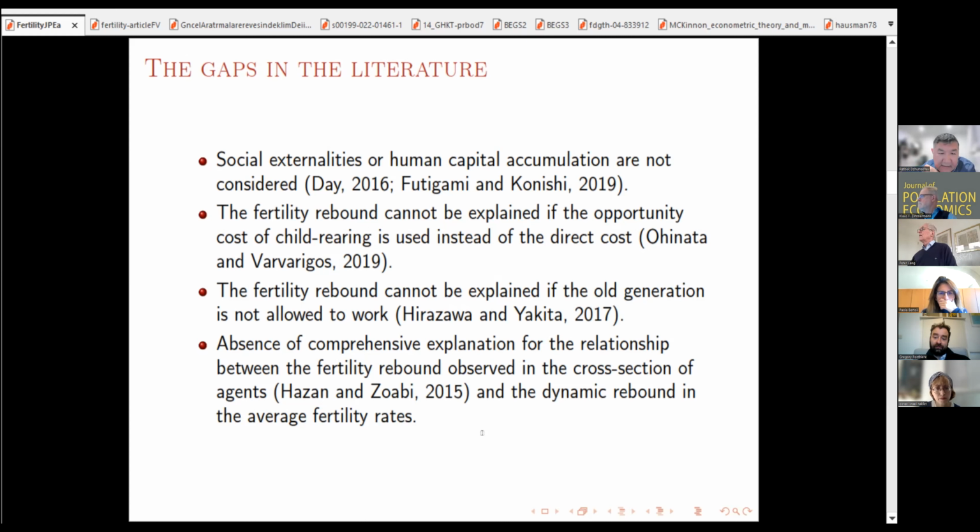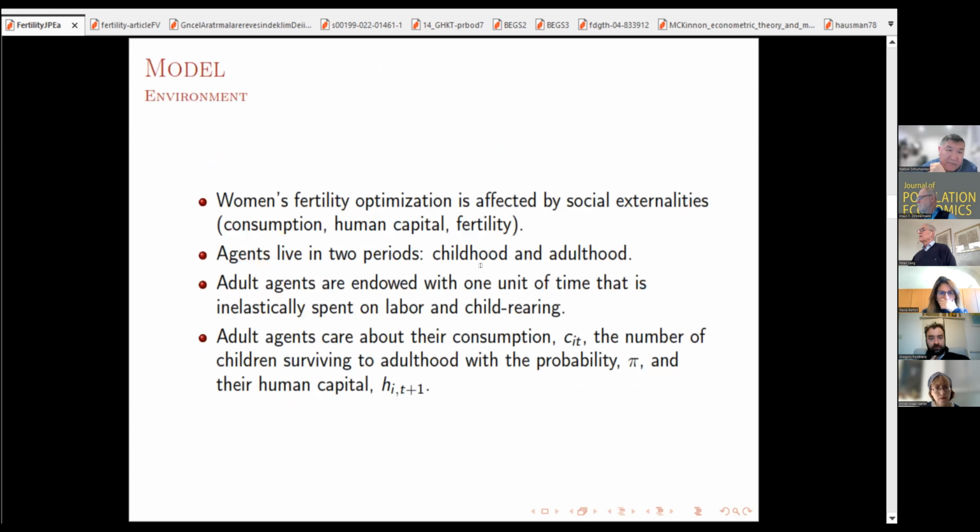And the third thing is that like in Hazan and Zoabi, we also incorporated childcare, but in our case, our model allows for the dynamic rebound in the fertility rate, because in their case, it was a cross-sectional approach. So given all this, then we developed our model.